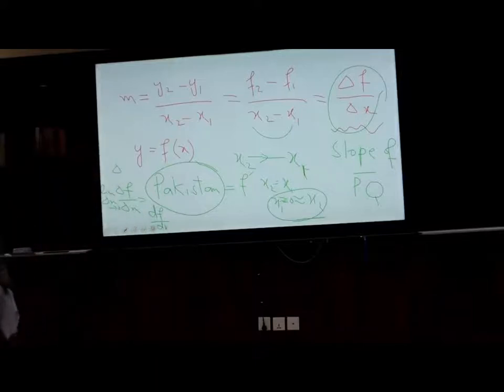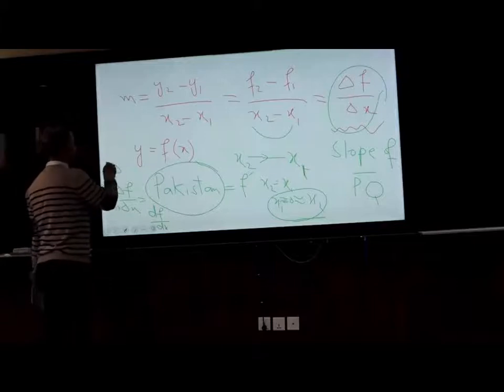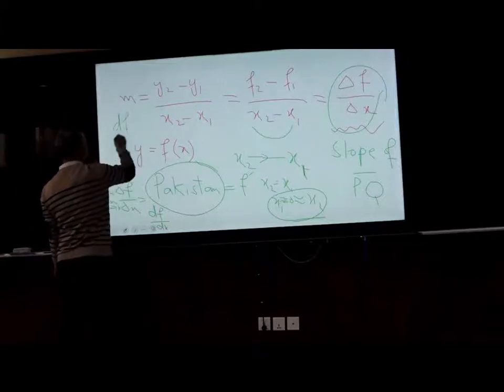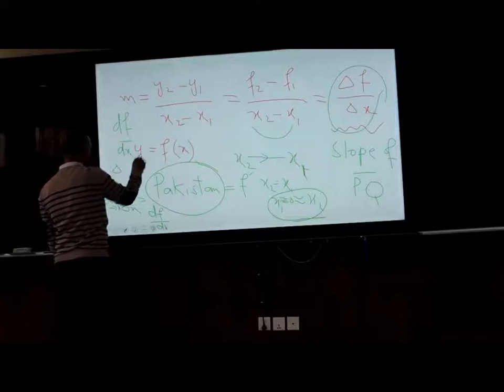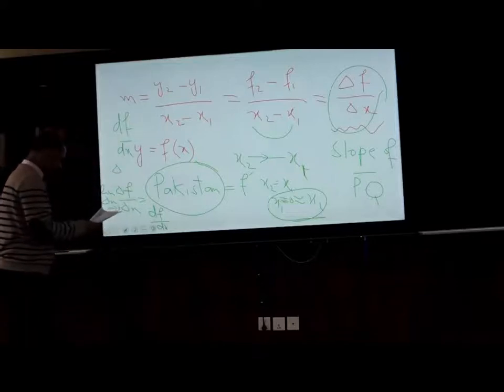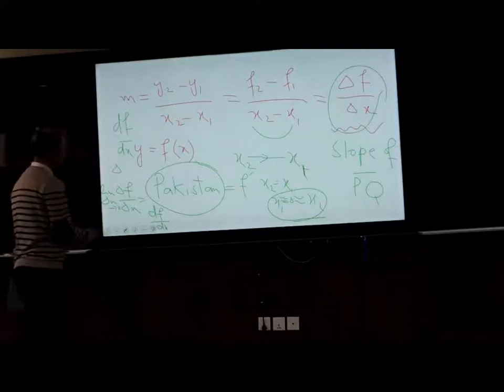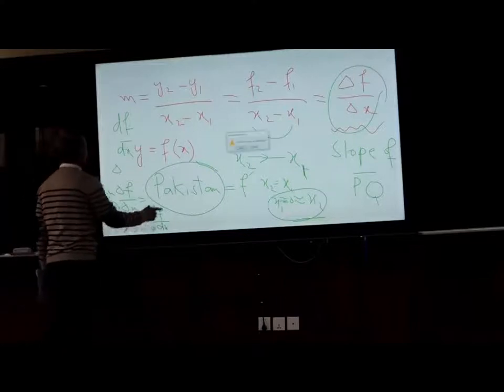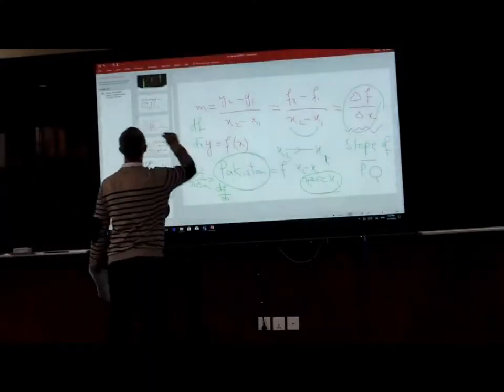This df over dx represents the very small, slightest possible change. Let me generate one more slide for example.